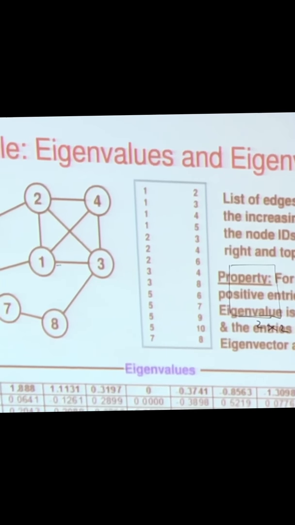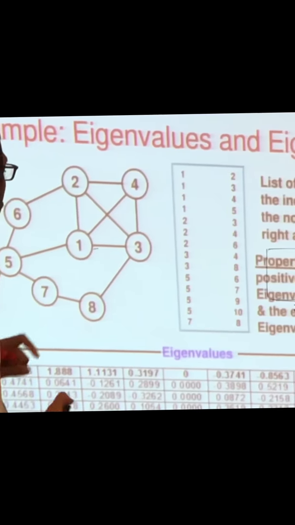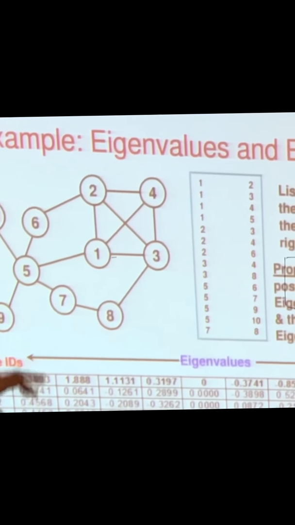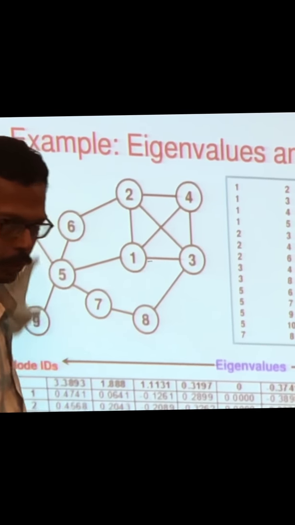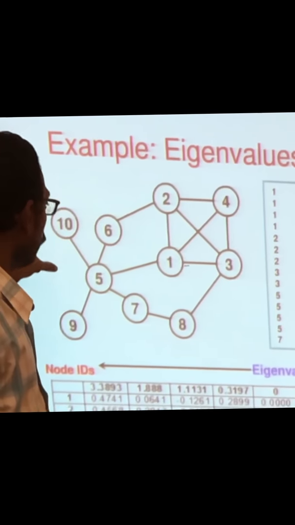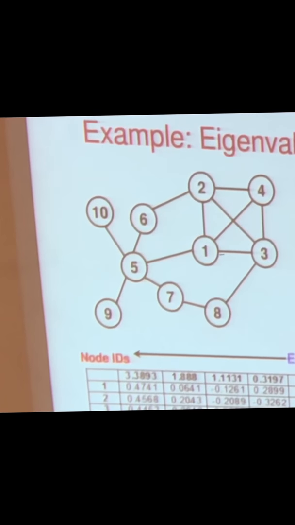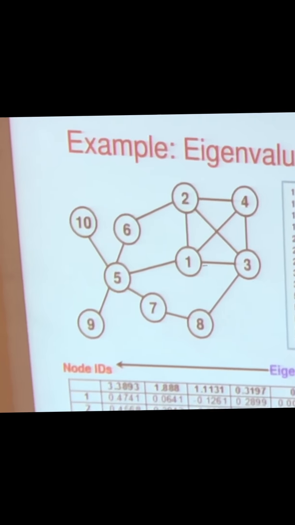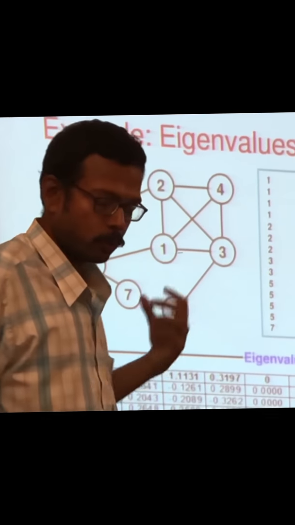well, I'll take it back one second. Let me go back to tell one more thing before I tell the property. So I said you're going to have 10 eigenvalues, right? Now, among those 10 eigenvalues, the largest eigenvalue is guaranteed to be positive. The 10 eigenvalues are more likely to be different, though some eigenvalues could be the same.